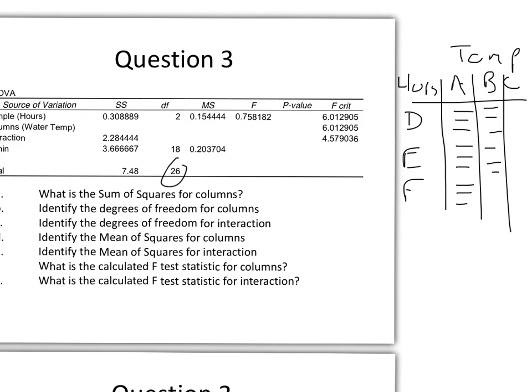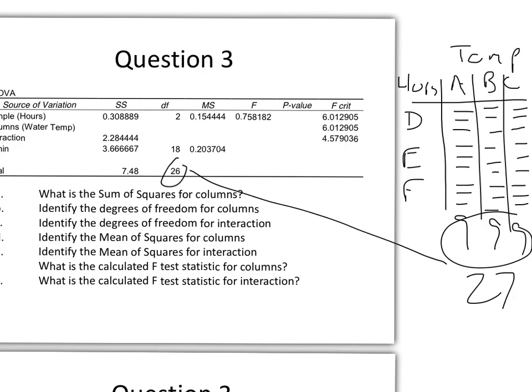So this is what the spreadsheet might look like if you were going to set up this test and run it using the Excel tools. But you see here, we would have 9, 9, and 9 total, and that would be 27, and that's the connection. So this is just to set your expectations of what the data setup might be.